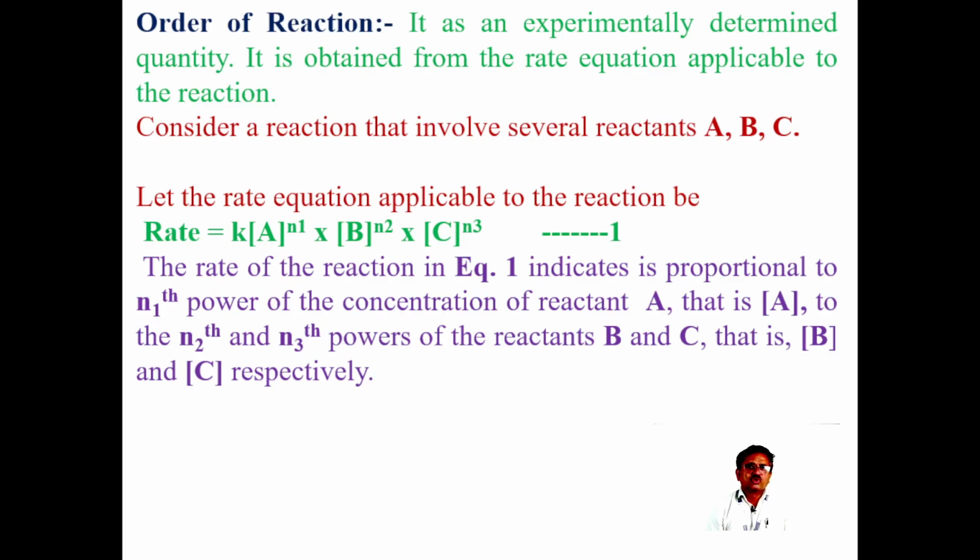Consider a reaction that involves several reactants A, B, C, etc. Let the rate equation applicable to the reaction be rate equals k into square bracket of A raised to n1, where n subscript 1, though displayed differently in this slide, is to be read as n1, multiplied by square bracket of B raised to n2, multiplied by square bracket of C raised to n3.